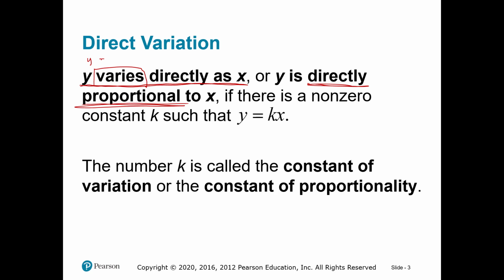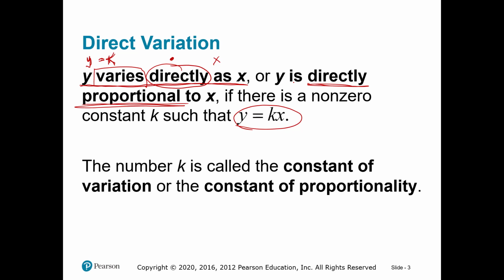I want you to write equals K because there's nothing in this statement that even suggests there's a K. We see the word directly. I want you to think multiplication and then as X. So we end up with the equation Y equals K times X, which is what is written here.